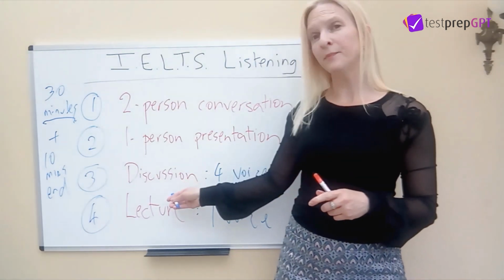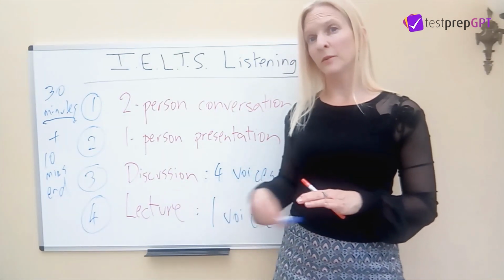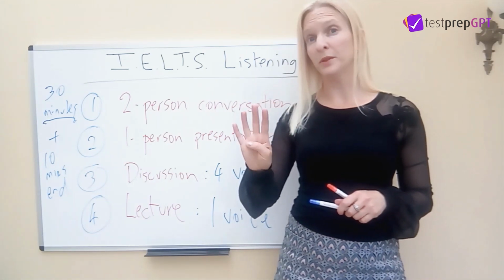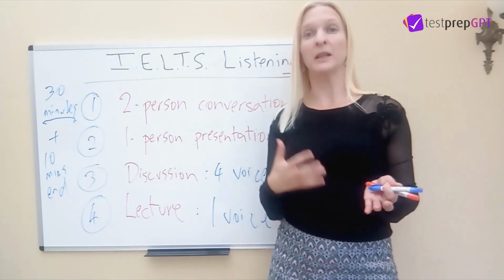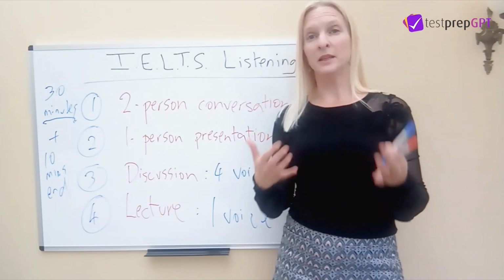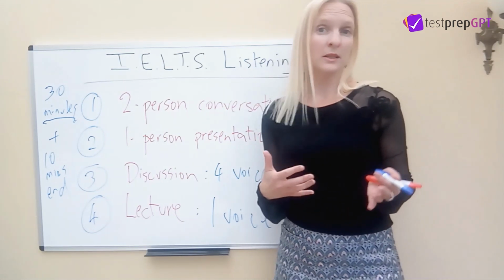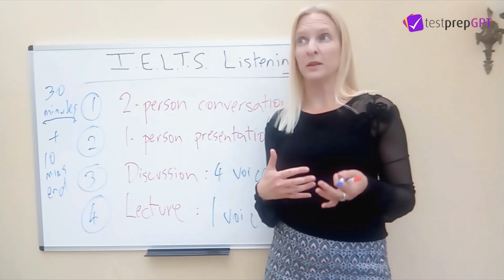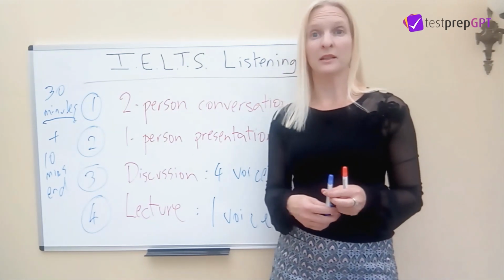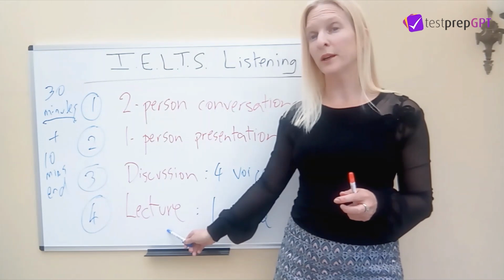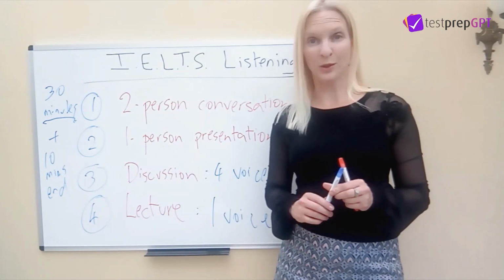Section 3 is a discussion among 4 people. So you'll often have 2 female and 2 male voices, and in the discussion they could be discussing any type of topic, maybe quite a technical topic or an academic subject. Then section 4 is a lecture.